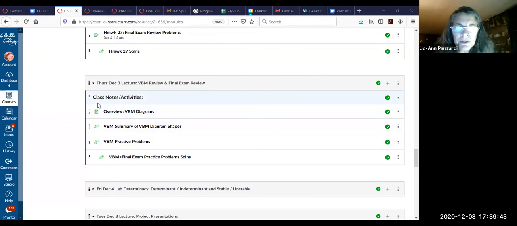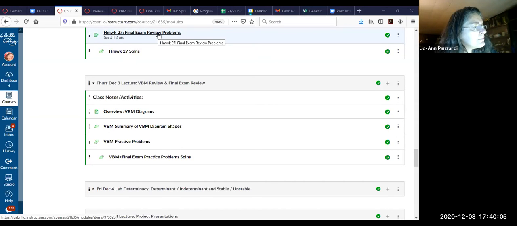Share screen here. Okay, you see the module, today's module. So I chose some shear and bending moment diagrams from past FE exams. And here are the problems, and then here are the solutions. I also selected final exam problems that cover everything, including components, finding moments, center of mass, centroids, trusses, frames, all things like that.